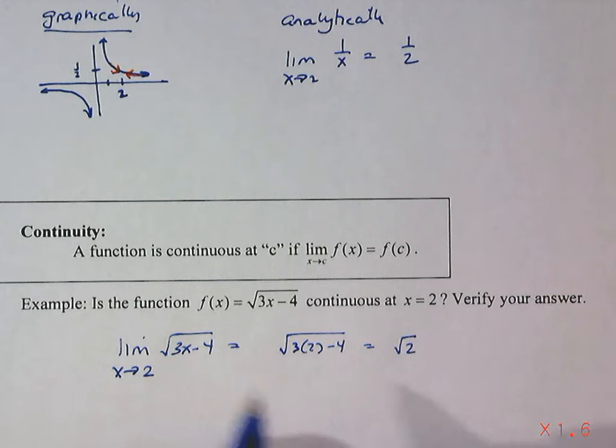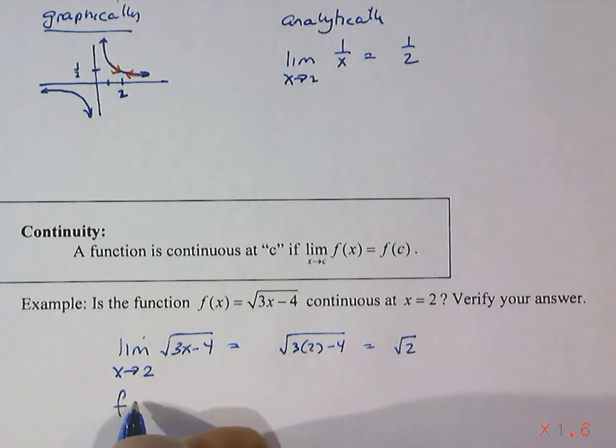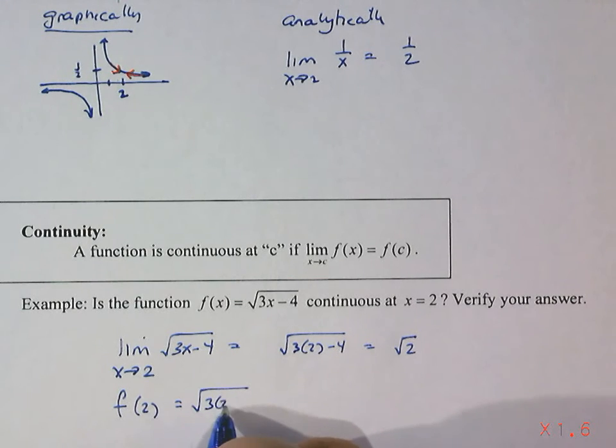Then I want to check f of 2. F of 2 is going to equal the square root of 3 multiplied by 2 minus 4. Square root of 6 minus 4 is the square root of 2.